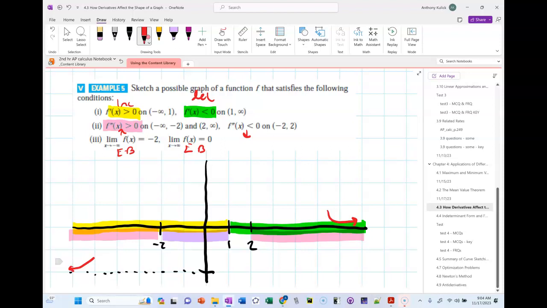All right. So now I need to draw something that's concave up and increasing all the way to 2, in which case we're going to change and become concave down. I still need to be increasing, but I need to change to concave down, right? Okay, concave up.